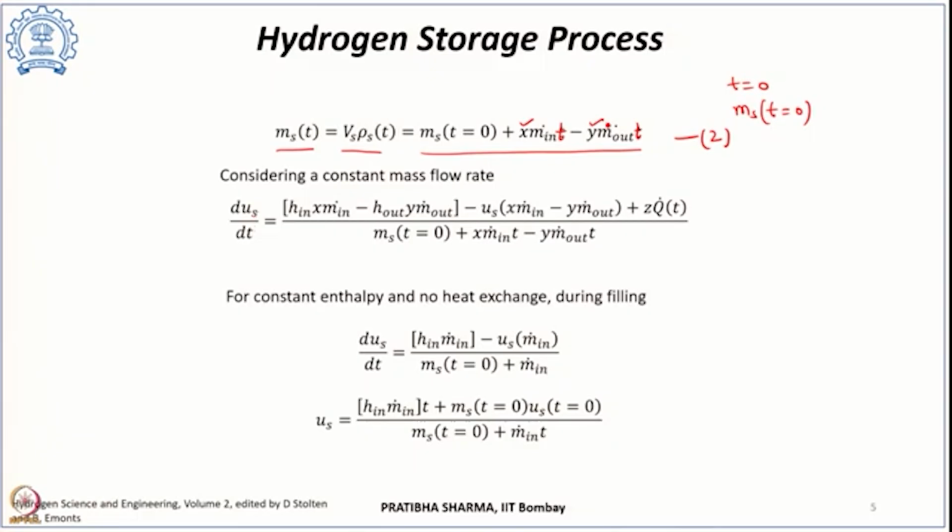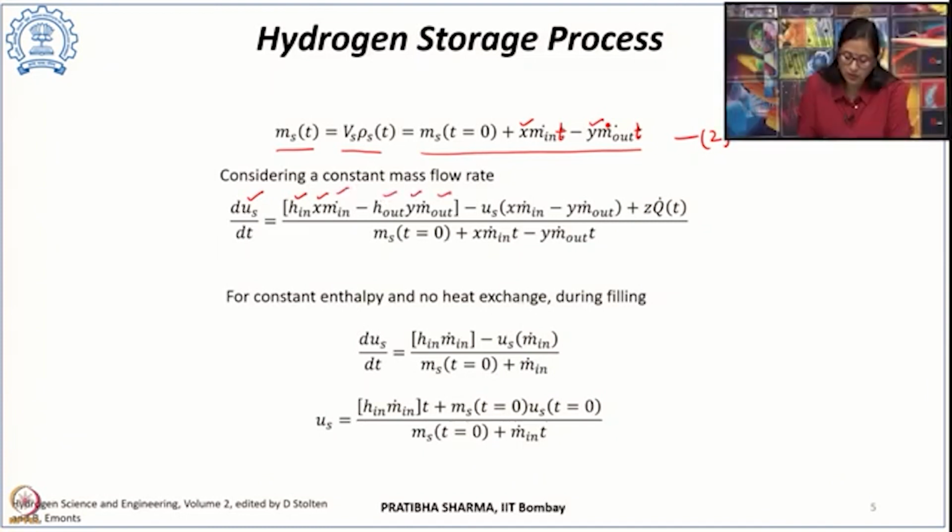So d by dt of specific internal energy stored inside the storage system, considering a constant mass flow rate, can be obtained as h in times x m dot in, minus h out times y m dot out, minus the specific internal energy us times x m dot in minus y m dot out, plus z q dot, divided by the ms term.